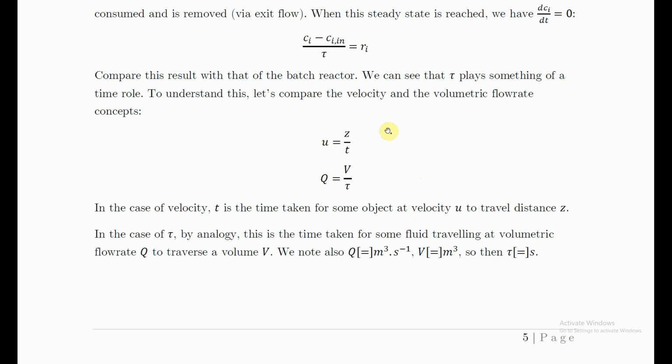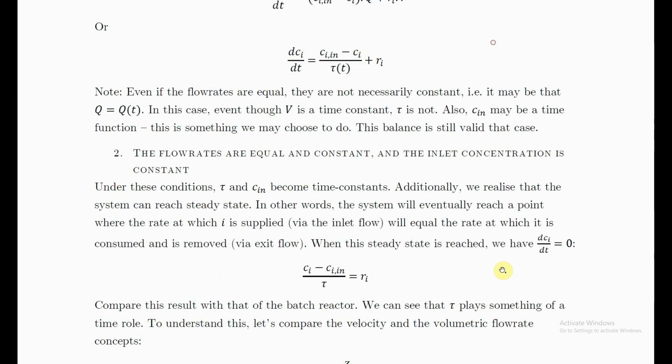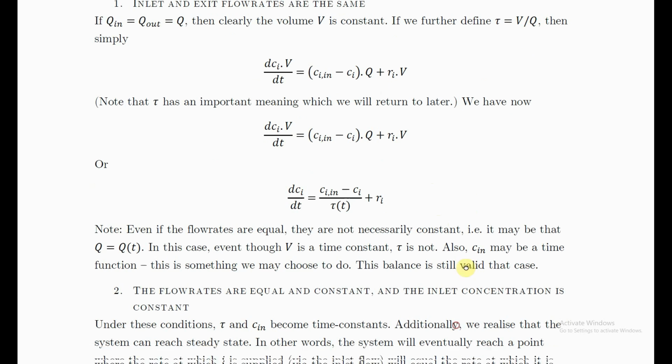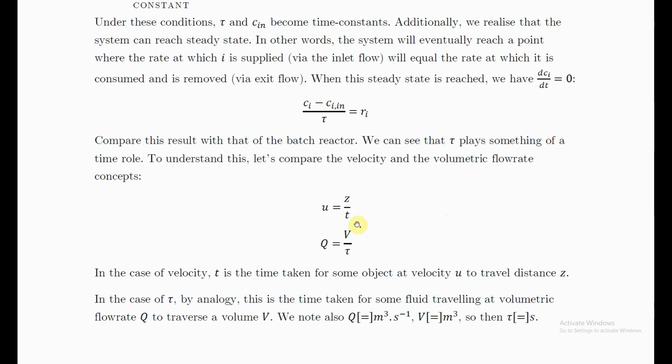And then going a bit further, we want to try and understand this tau a bit better. We had simply defined tau as V over Q, as if it's just some convenience variable, the ratio of V over Q. But let's think about velocity, for example. If we think about some object moving at velocity u, then it will change its position, and let's say z was the position variable.